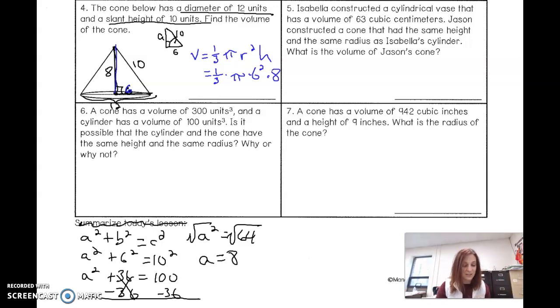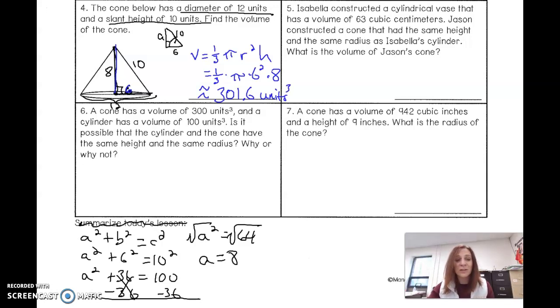Again, on my calculator, 6 times 6 is 36 times 8 times pi divided by 3. Then we get approximately 301.6 cubic units. So don't forget the Pythagorean theorem.